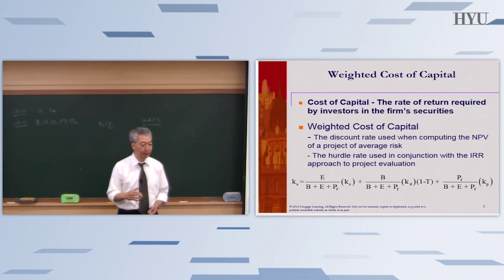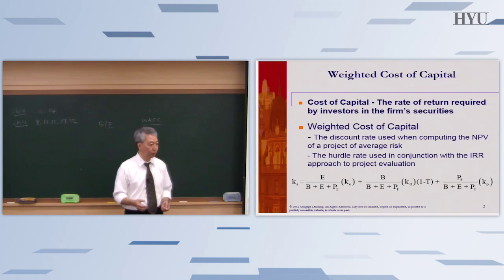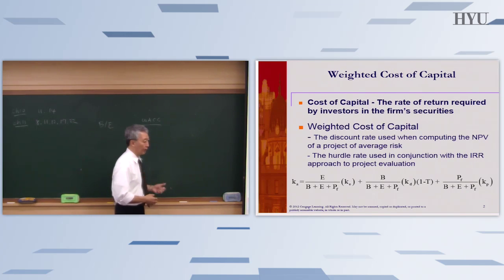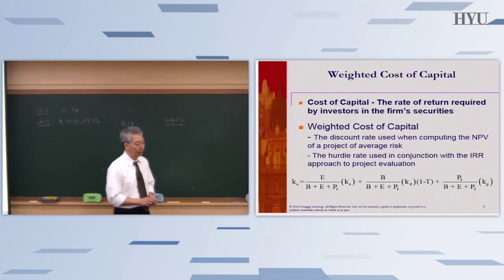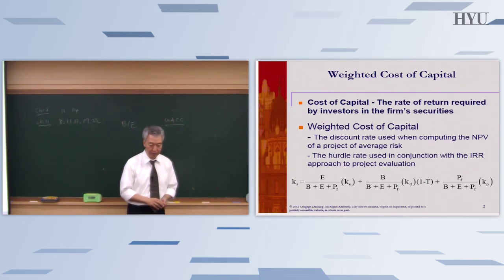But if you're going to use the same discount rate to evaluate all the projects, what that means is this rate has to be for the average risk projects. That's what this statement means.